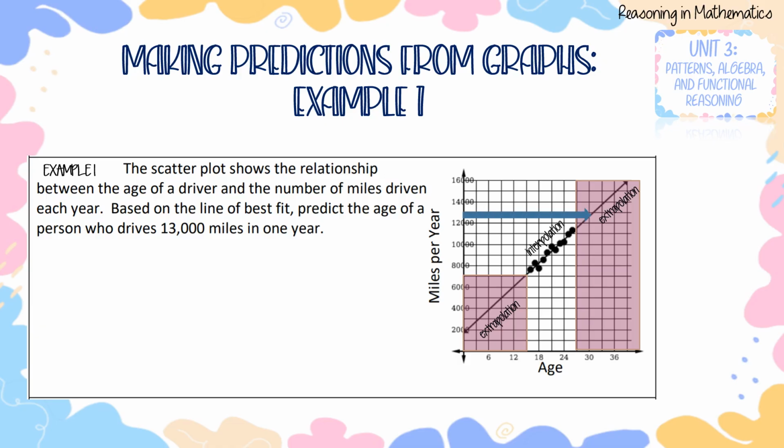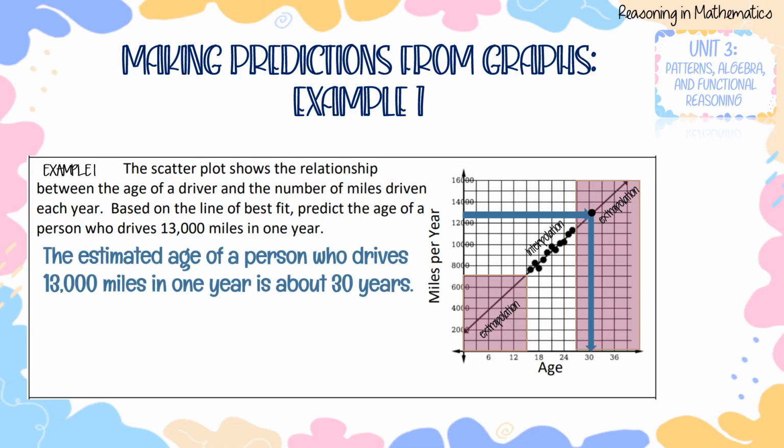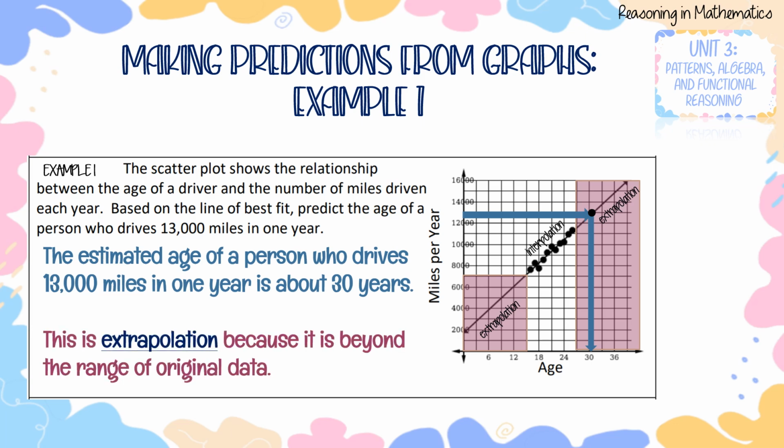We are beyond the interpolation. If we do 13,000 miles, it's about there, and go to the line and go down, we can estimate that the person who drives 13,000 miles in 1 year is about 30 years old. And we already mentioned it's extrapolation because it is beyond the range of the original data.